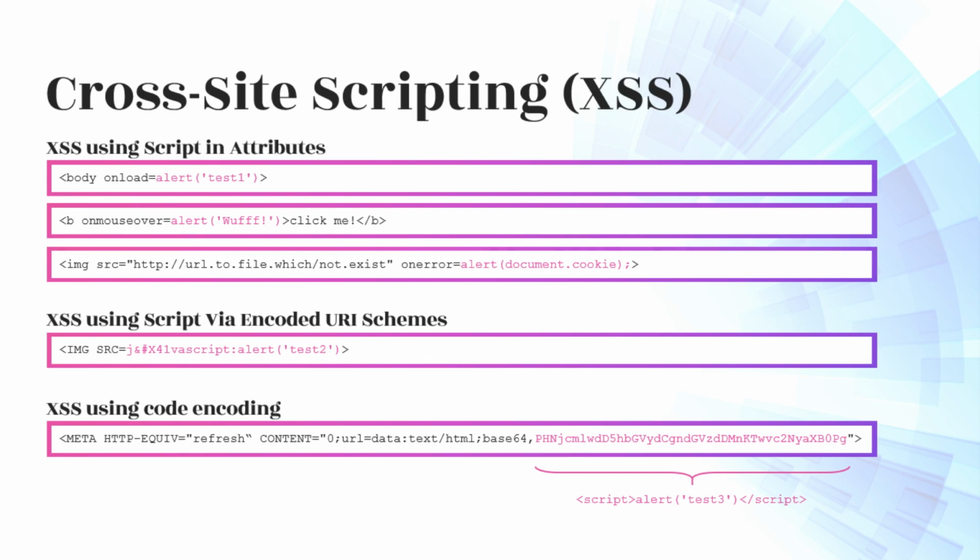And the reason why attackers perform this is to avoid detection and to have their code also not understandable in such a way that a non-aware user will not be able to tell the difference. So here, the base64 encoding that we have is a simple script tag that will raise an alert.